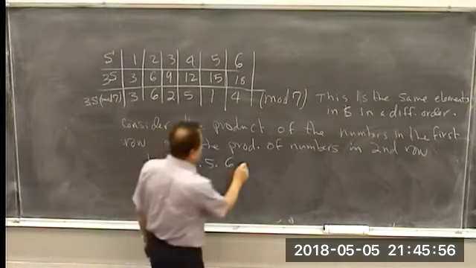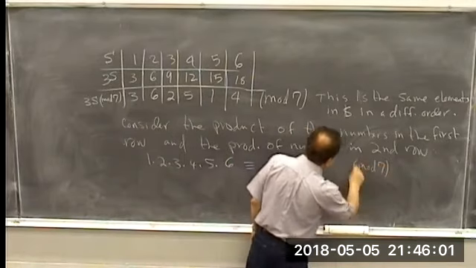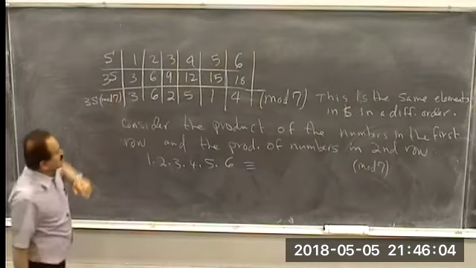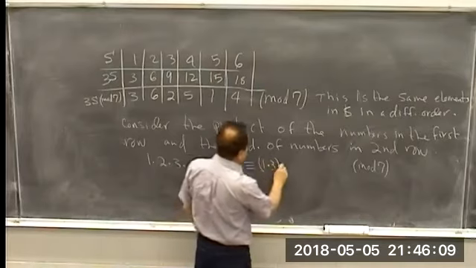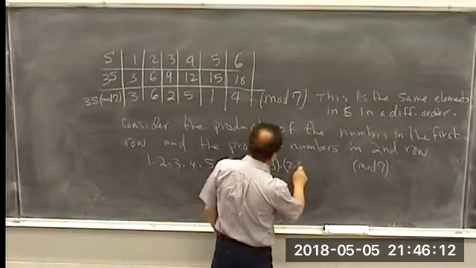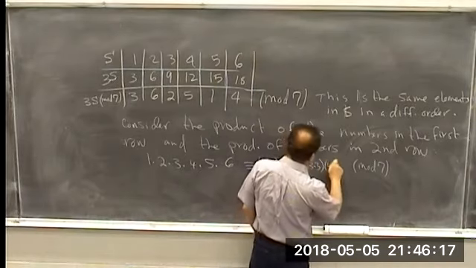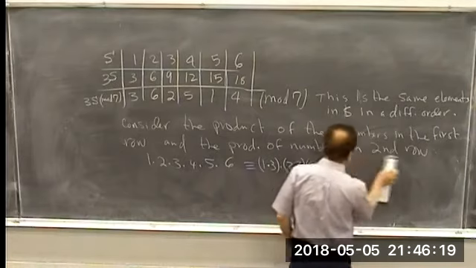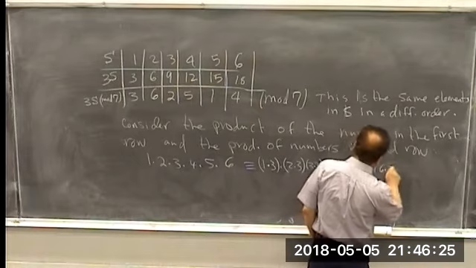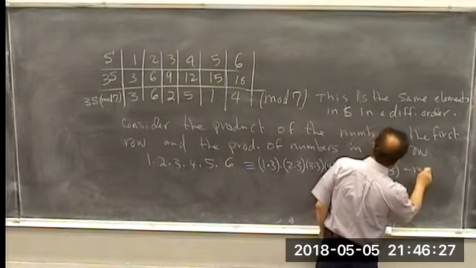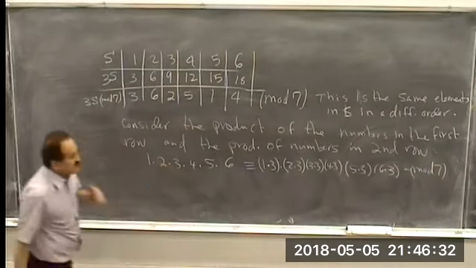Now we're going to consider this again mod 7. Now remember, each one of these numbers turns out to be actually 1 times the 3. I'm just going to go back to the original, and then 2 times the 3, then 3 times the 3, then 4 times the 3, then 5 times the 3, then 6 times the 3, mod 7. Of course, as we've seen in the third row, this will be the same as these.